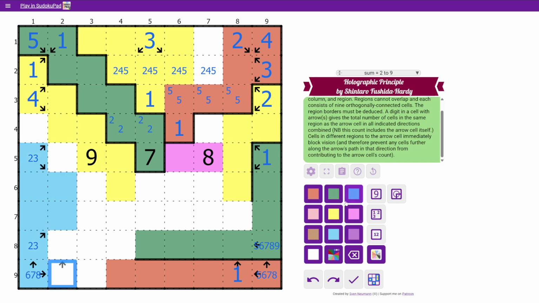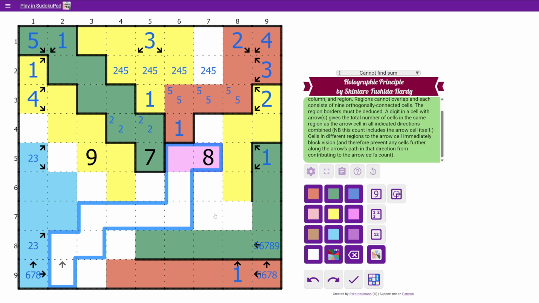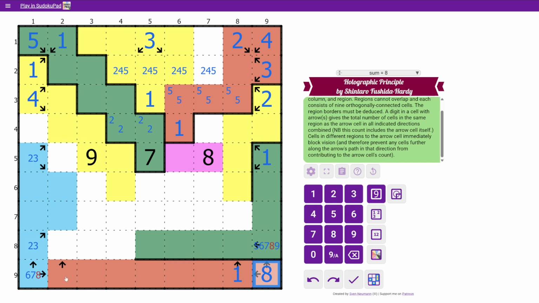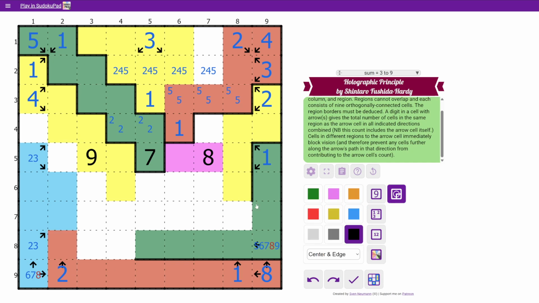So this one is not part of light blue, and we can see that 3, 4, 5, 6, 7, 8, 9, 10, it cannot be part of pink, therefore it must be part of red. Red must be 8. This one must be 2, and this is red's last cell.